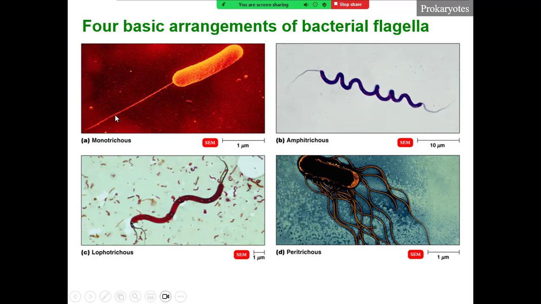So a monotrichous species can have cells with one flagellum or with zero flagellum. And then an amphitrichous species can have some cells which are amphitrichous, some cells which are monotrichous, and then some cells which have no flagellum. Any question about any of that?